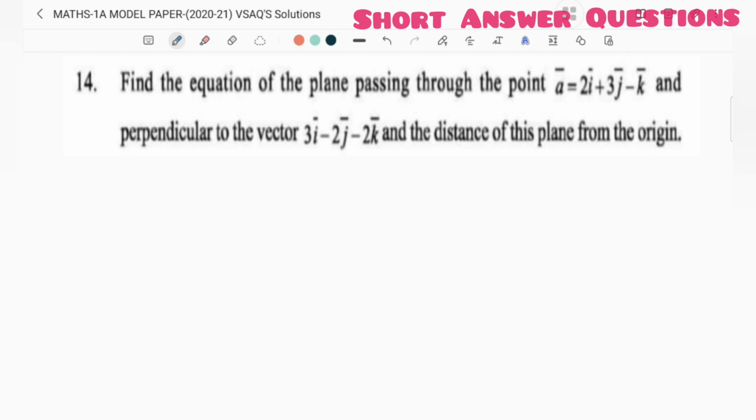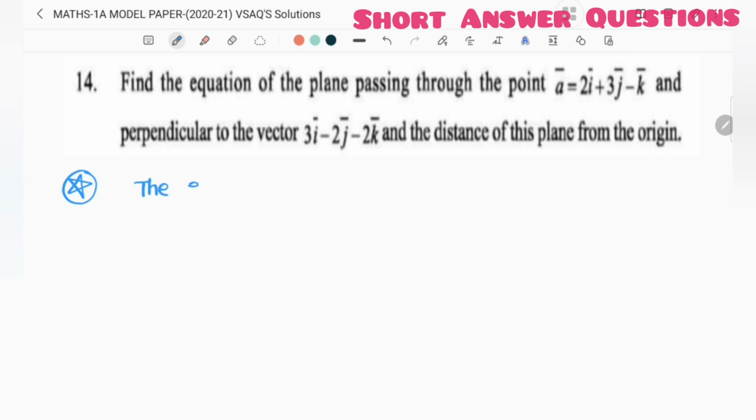See here, first you can calculate the equation of the plane passing through the point A bar and perpendicular to the vector. After getting the equation of the plane, you need to calculate the perpendicular distance from the origin to the plane. So first step, given, here you have to write the formula. Which formula is suitable for this problem?